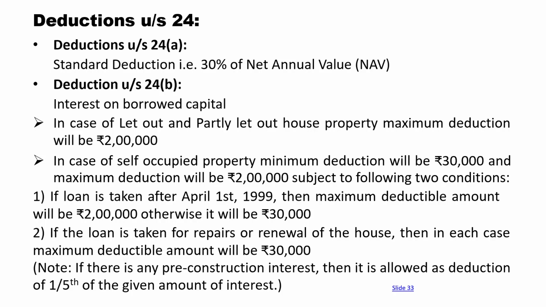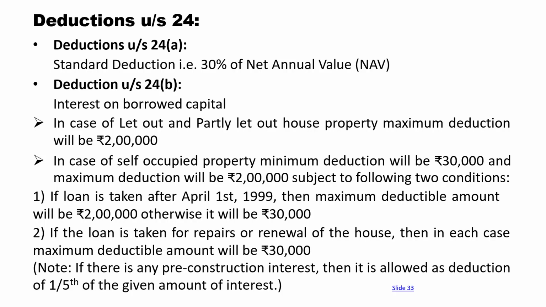So suppose a loan is taken after 1st April 1999, then the maximum deductible amount will be 2 lakhs, otherwise it will be 30,000. If the loan is taken for repairs or renewal of the house property, then in each case, the maximum deductible amount will be 30,000.